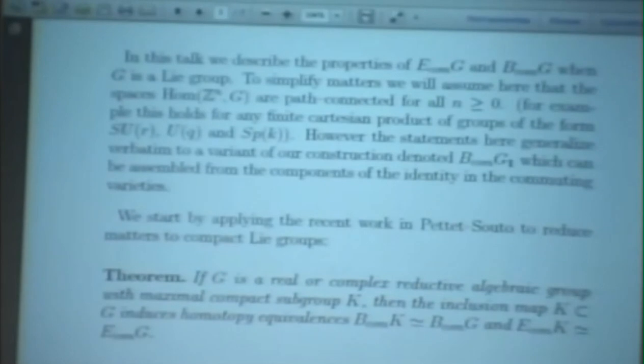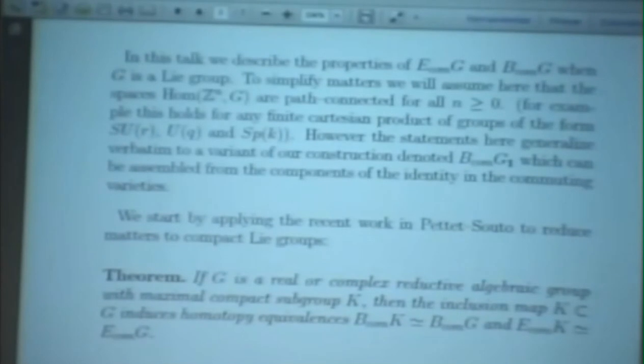Now, when topologists consider Lie groups, we always restrict to compact Lie groups because for us, we have the Iwasawa decomposition or Gram-Schmidt or whatever. We can restrict to the maximal compact subgroup. So the first step here to reduce to maximal compact subgroups is a result actually proved recently by a couple of colleagues of mine.